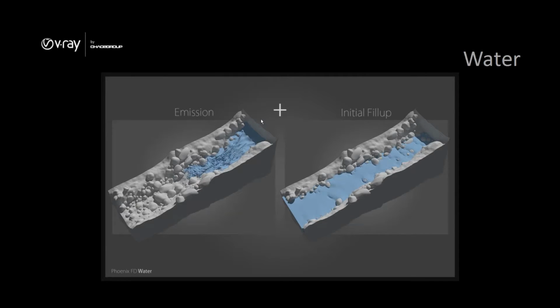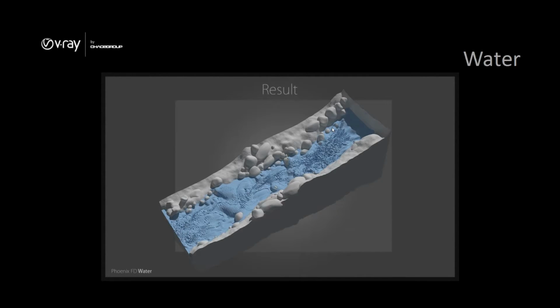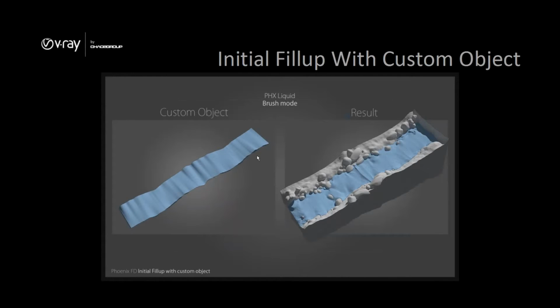So again, to recap, you can make a polygon selection and use that to emit water, or you can use the initial fill up in combination with the emission and get something like this, or you can use a custom object, use another source in brush mode to create this type of effect for, again, riverbeds that make turns and have a more complex silhouette.